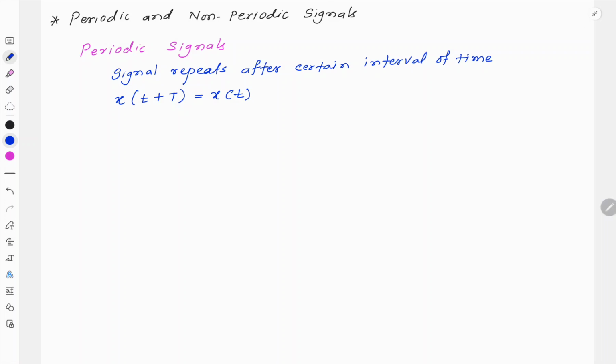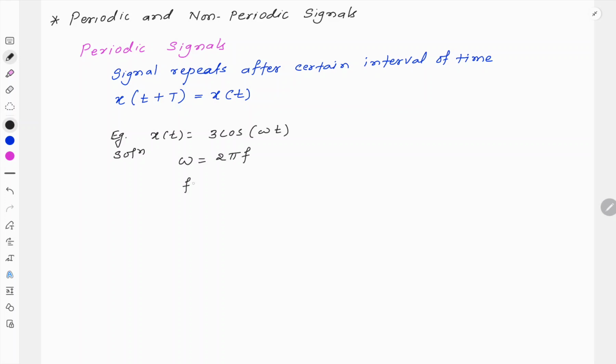Now we know that sine and cosine signals are periodic. So in general we may get an example like x of t equal to, let's say, 3 cos of omega t. In this case we are supposed to find the time period of the signal. From omega we can find the time period: omega is 2 pi f.